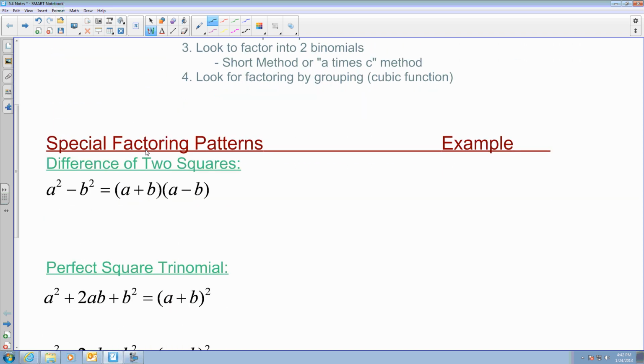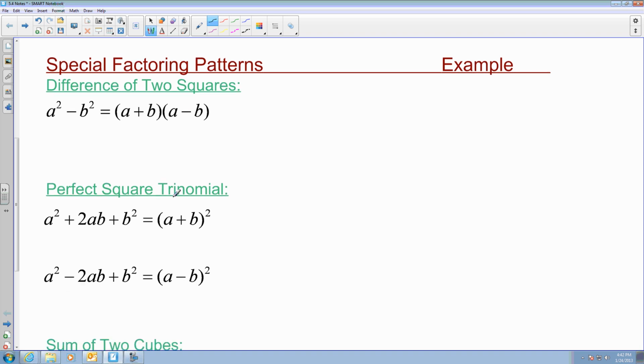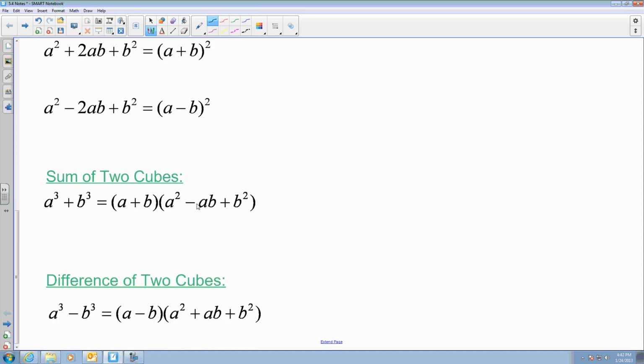Here are some of the special patterns. The difference of two squares and the perfect square trinomials are general patterns that we've seen before. You've seen them in intermediate algebra while factoring trinomials, and one of the new things we're going to find is the sum of two cubes and the difference of two cubes.